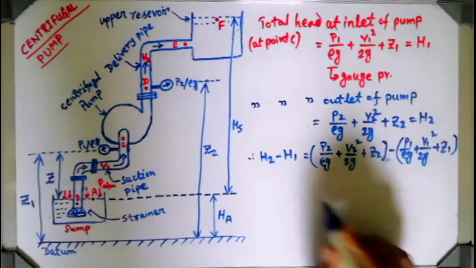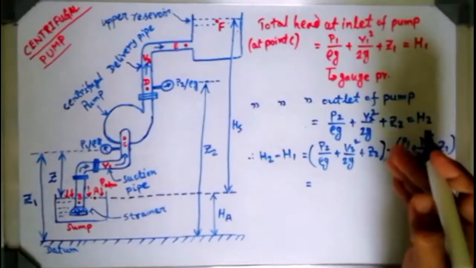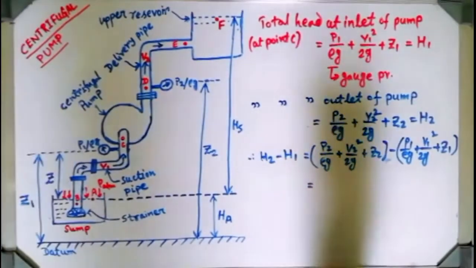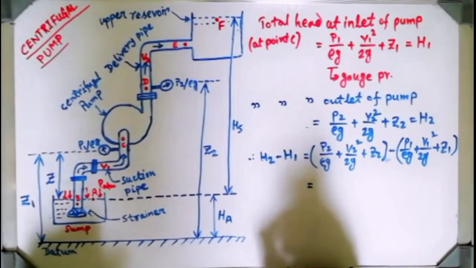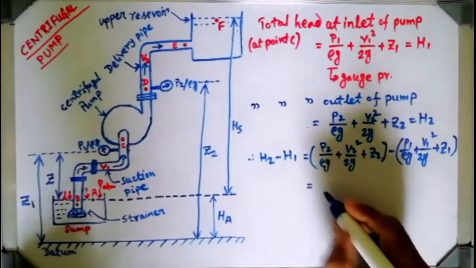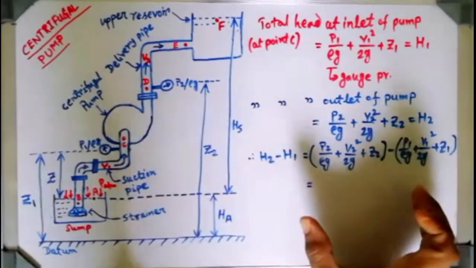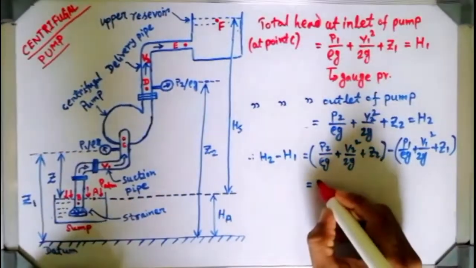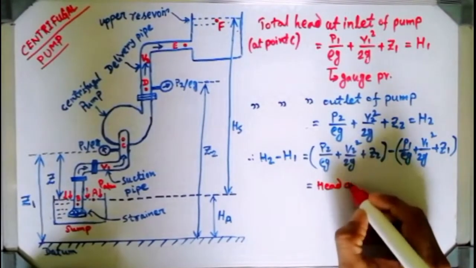Okay, so what is this H2 minus H1? What is the physical meaning of it? That is a mathematical expression, but what does this mean? It is nothing but the head developed by the pump.